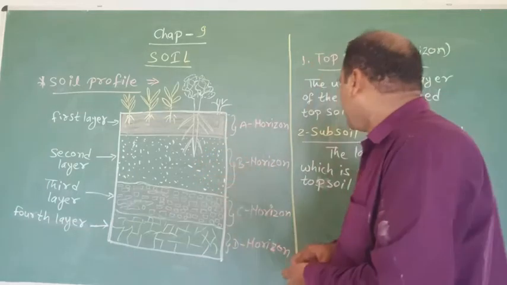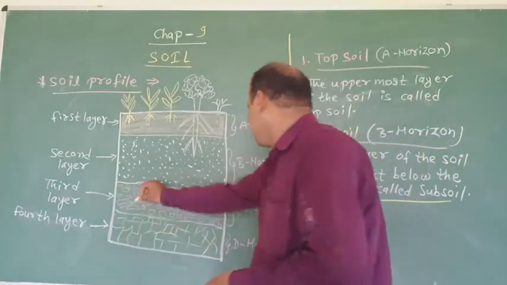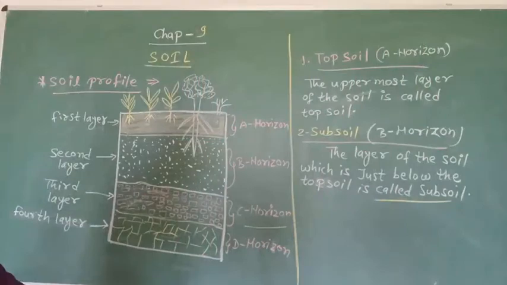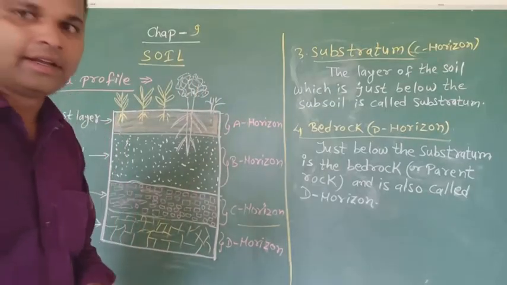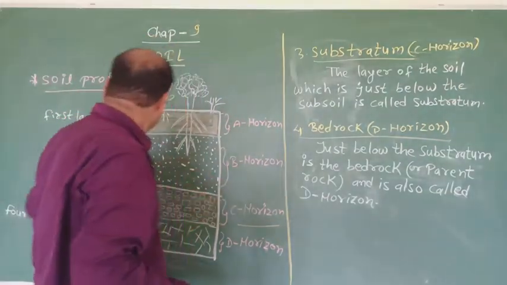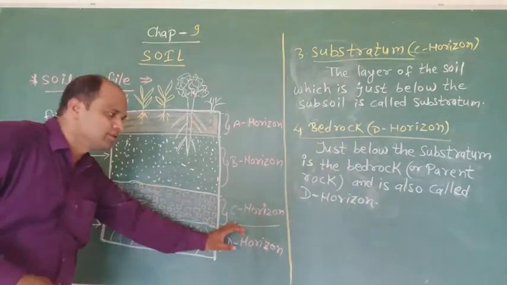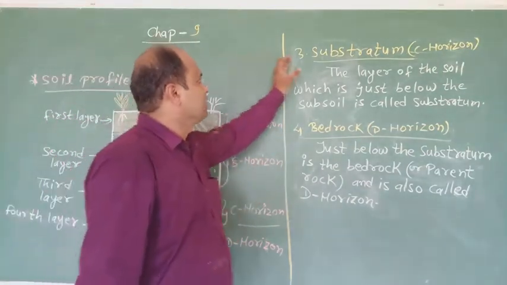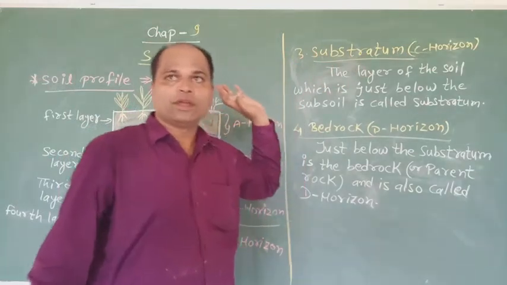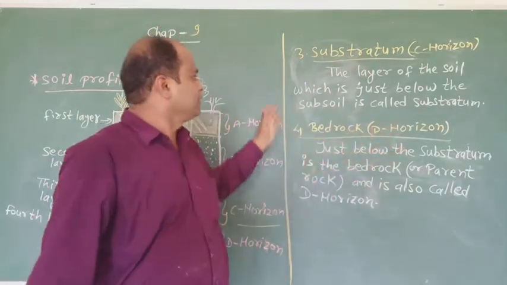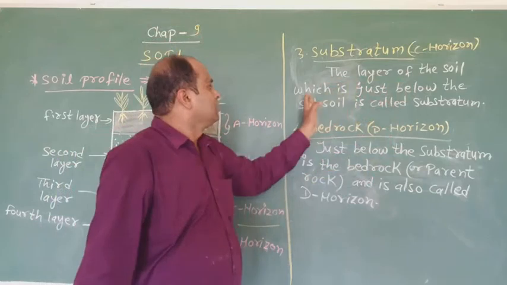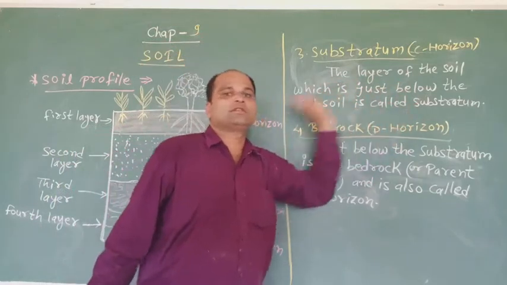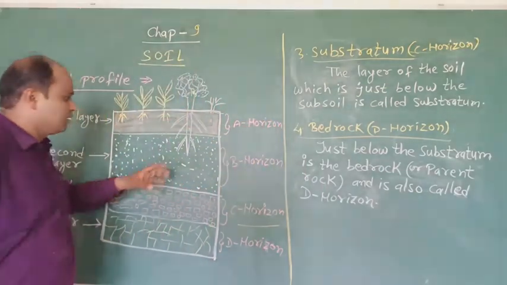Then the third layer is the C horizon, and its other name is substratum. The layer of the soil just below the subsoil is called substratum.